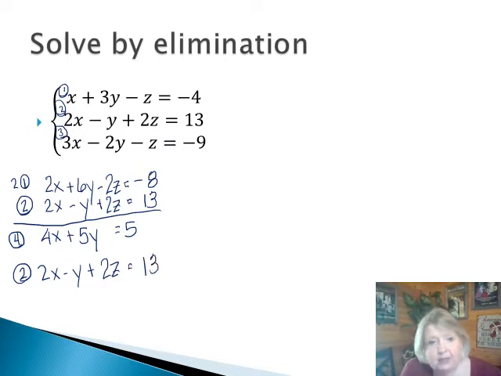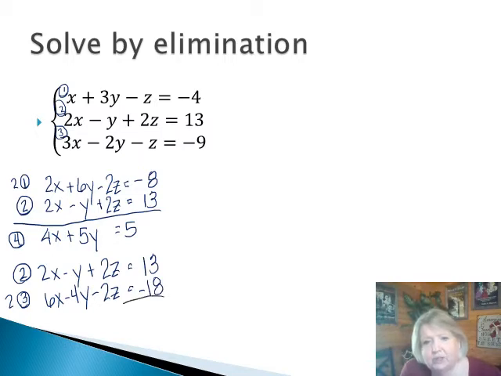And I'm going to say 2 times equation 3. That gives me 6x minus 4y minus 2z. Again, notice opposite coefficients, equals -18.